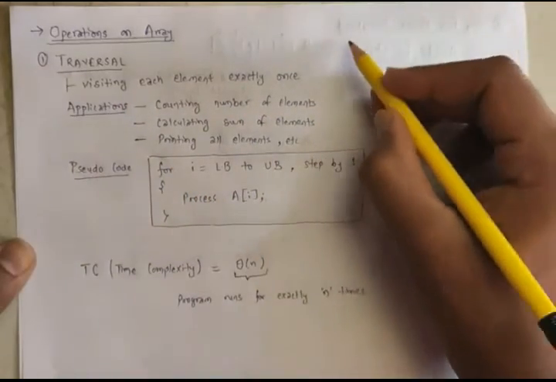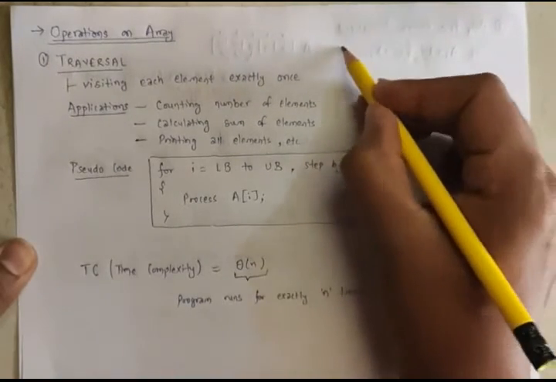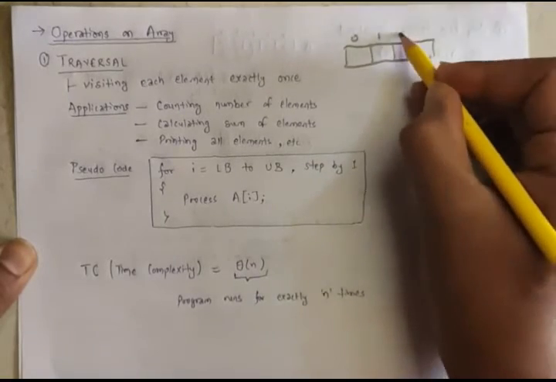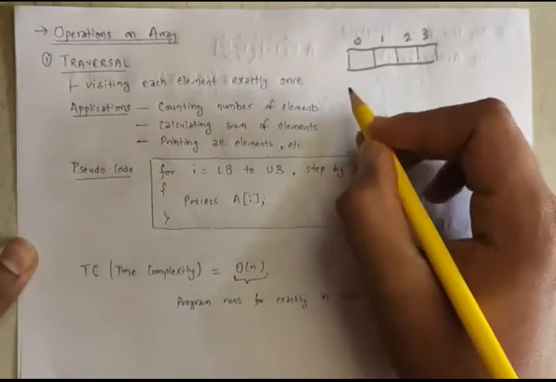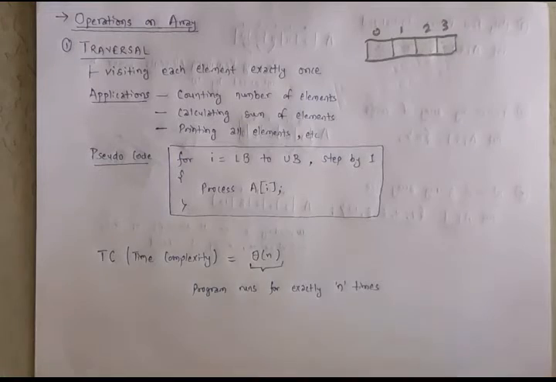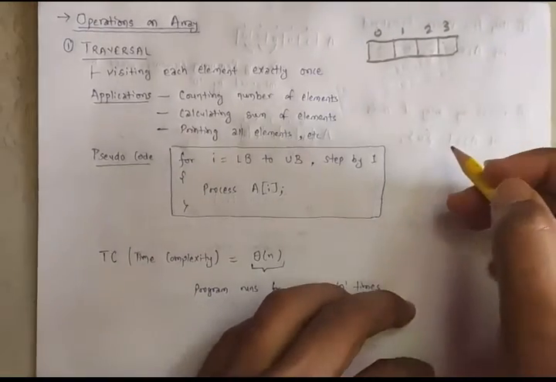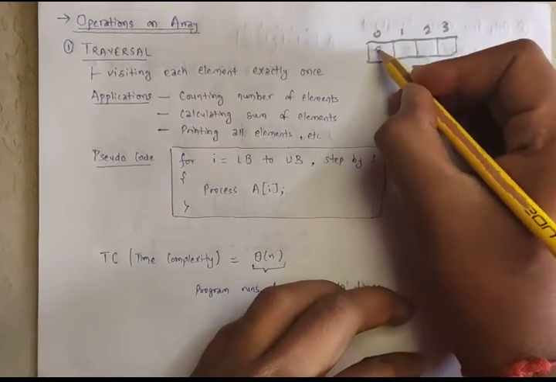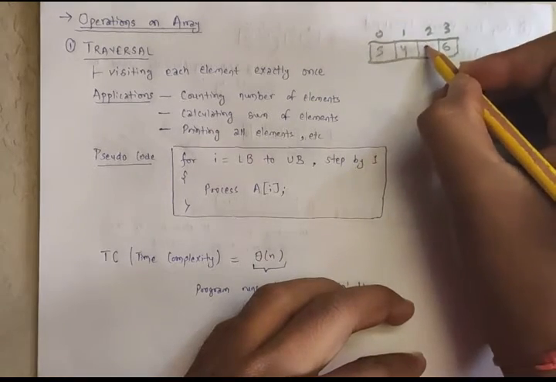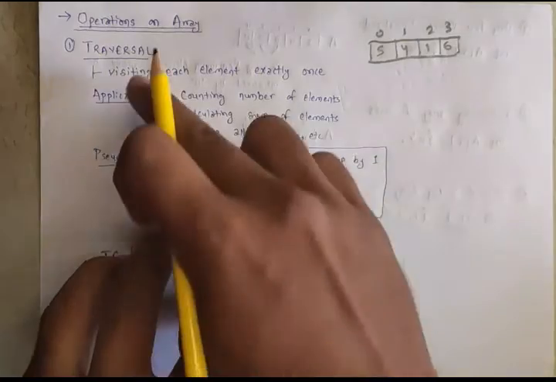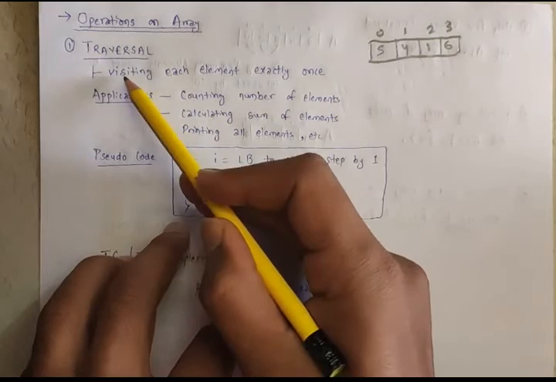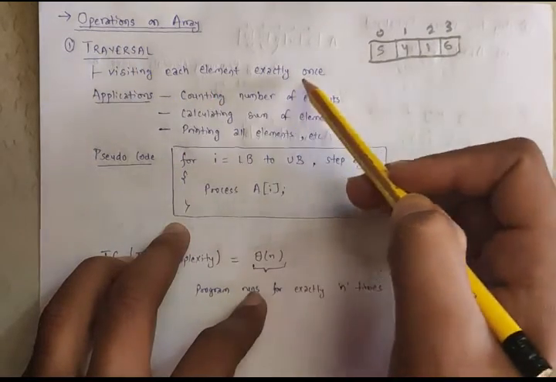For example, consider this array, and these are the indices of the array. Suppose that the elements stored in this array are 5, 4, 1 and 6. What traversal would do is, as we discussed, visit each element exactly once.